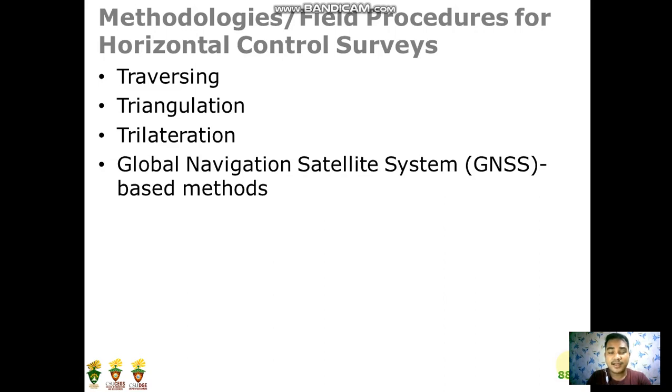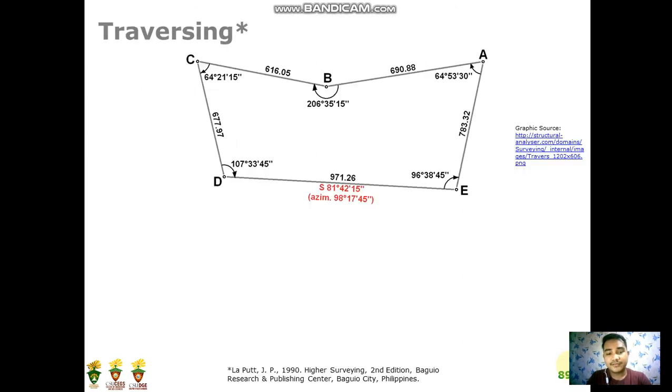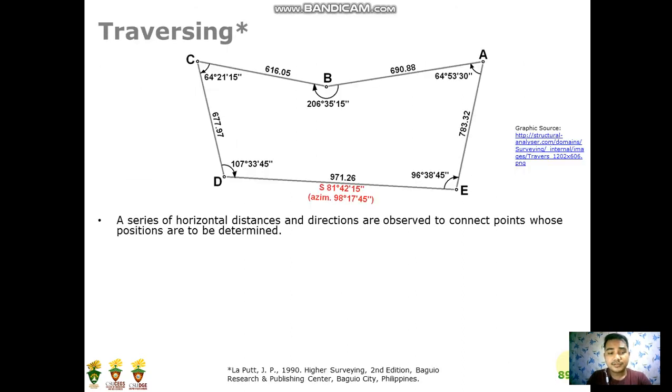So kanina may mga GPS based or GNSS based na siya nga method. So traversing, it is a series of horizontal distances and directions that is observed to connect points whose positions are to be determined. Series lang siya of horizontal distances. Horizontal lang, it's two-dimensional lang siya.